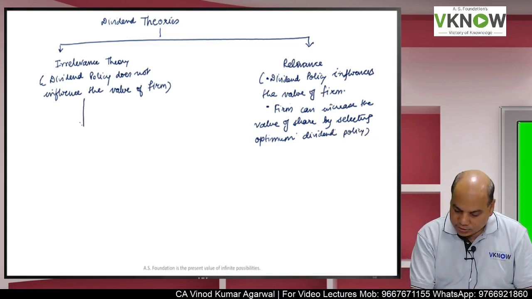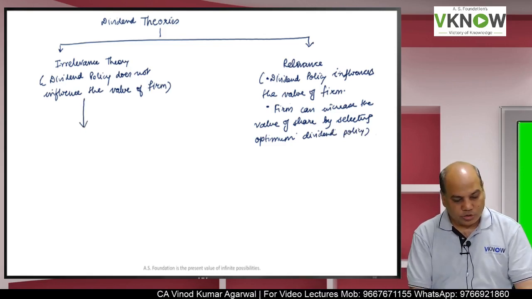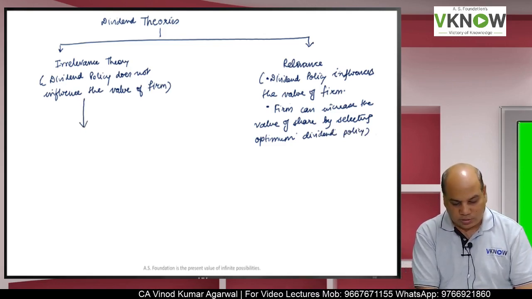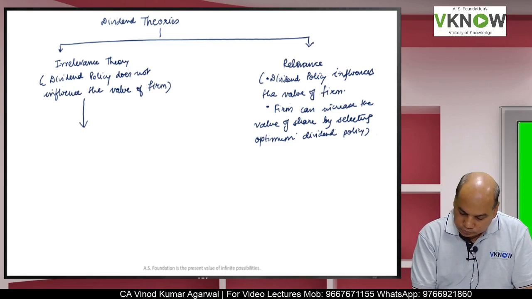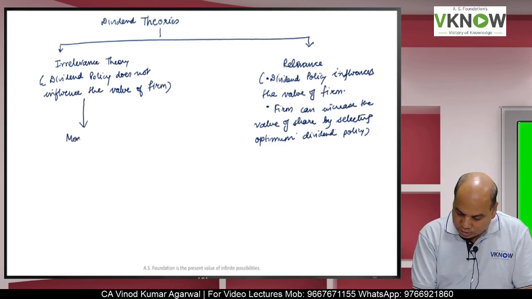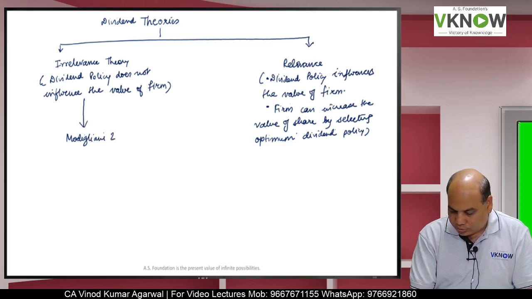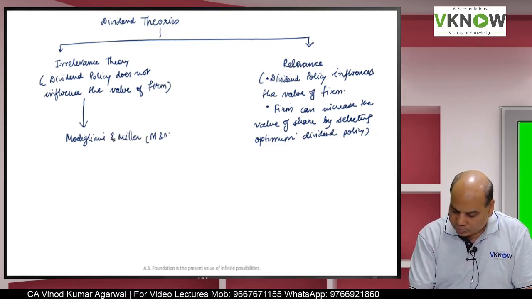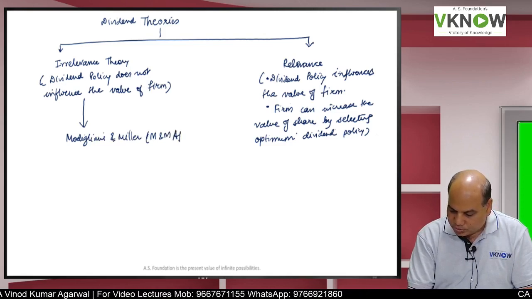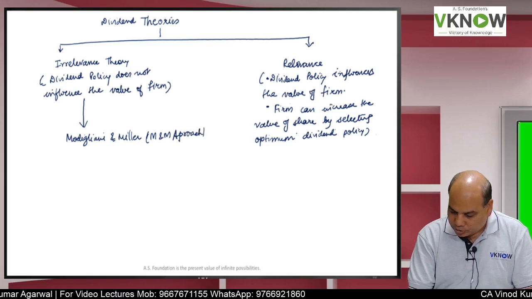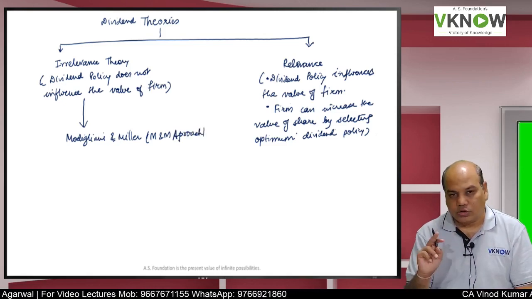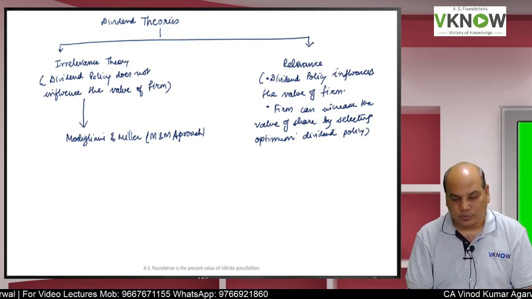So which is the theory which promotes irrelevance of dividend? Modigliani and Miller approach, or in short M&M approach. M&M approach believes that dividend policy does not influence the value of the firm.